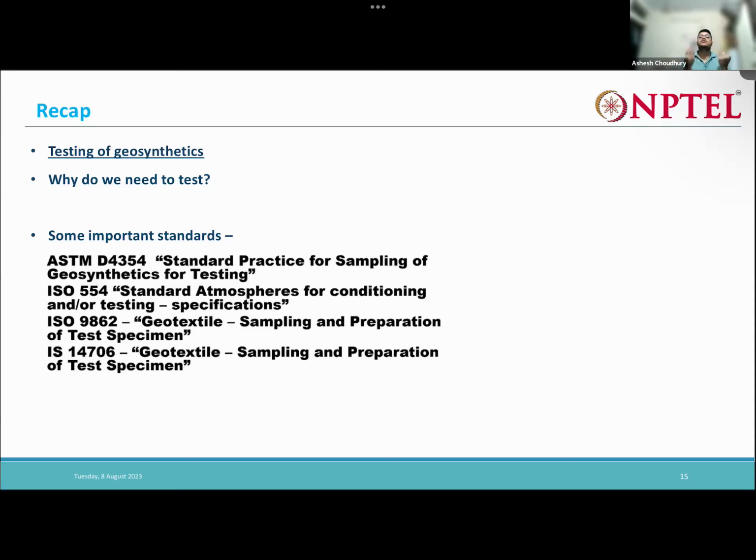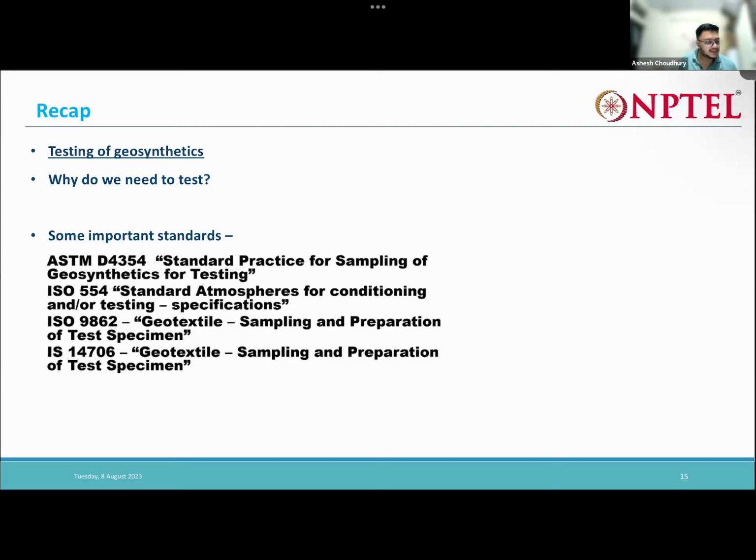Second is identification of the product. Using which product do you want to solve the issue? Which geosynthetic do you want to use to solve the issue? Is it geotextile? Is it geonet? Say you have decided that you will be using geotextile. So first you identified the issue, then you decided the type of geosynthetic that you're going to use.